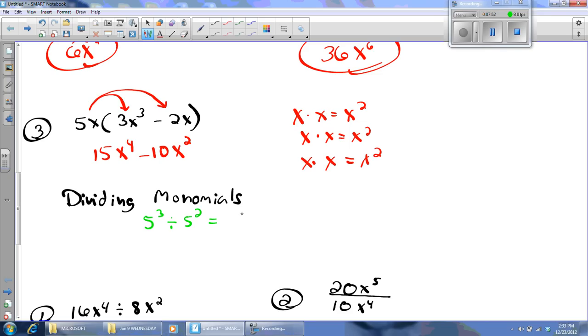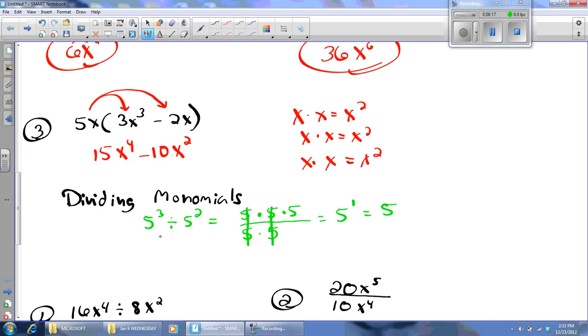Well, I could rewrite this as a fraction, and I could also rewrite 5 to the third as 5 times 5 times 5. Then I could write 5 squared as 5 times 5, right? And if I look only right here, those two cancel out, don't they? And those two cancel out, don't they? Leaving me 5 to the first, or simply just 5.